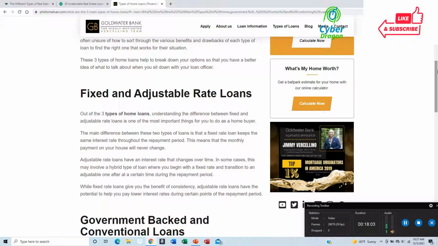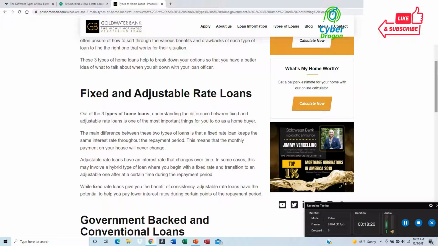Let's say the interest rate went up, you have to pay more. And if you switch to an adjustable rate loan and the rate went down, let's say from 4.25 to 3.25, you save 1% interest on the mortgage of your loan.